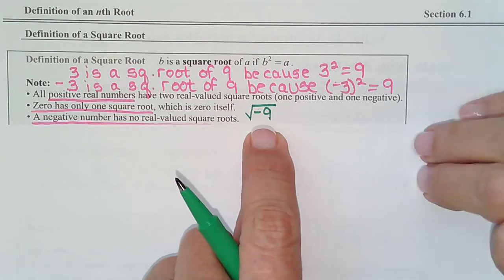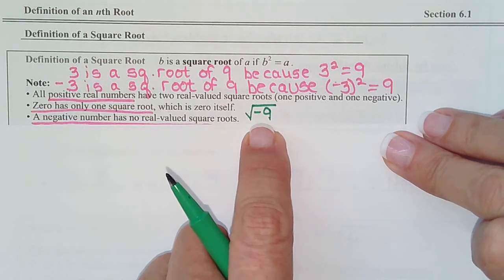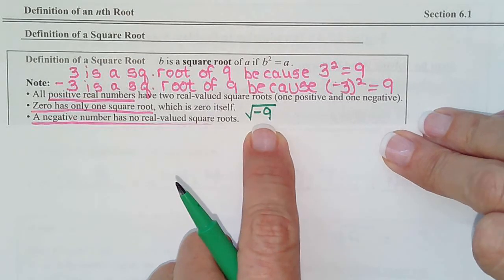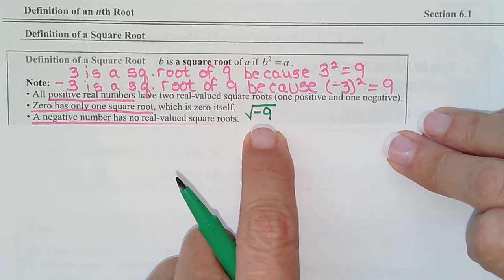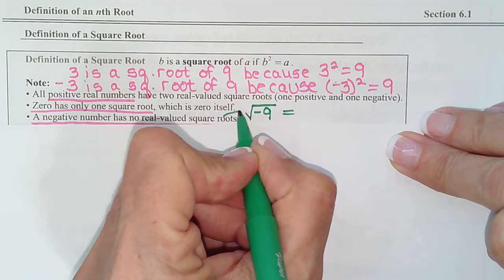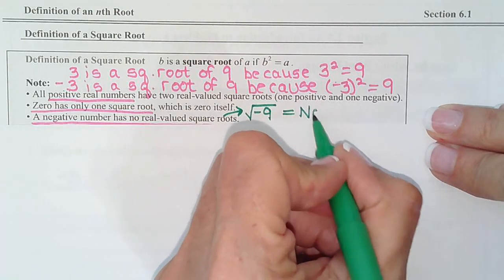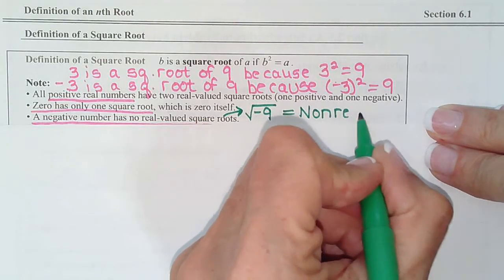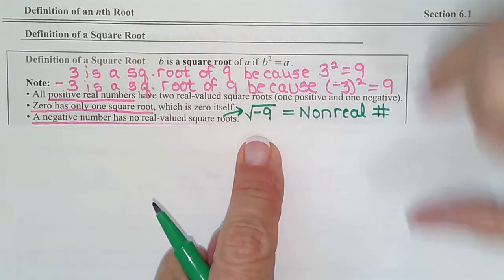So what you should ask yourself is, what number times itself gives me negative 9? And some students will go negative 3. No, negative 3 times negative 3 is positive 9. So when we get a negative under a square root, we just write non-real number, because it is non-real.